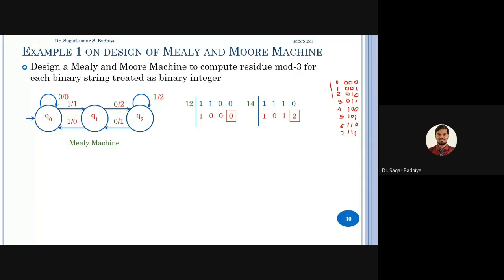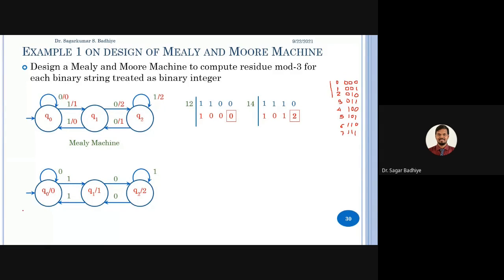Yes, sir. Okay. Now, when we design a Moore machine for the same, the only difference is that instead of adding output on the transition, we add the output on the state. So we design the same machine. Now, instead of writing outputs on the transition, we simply write the output on the state like this.